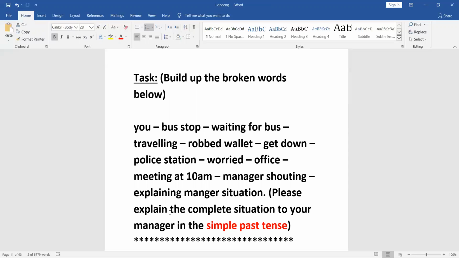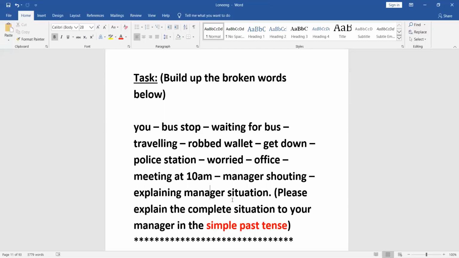Now, let me give you an example quickly. Manager, shouting, explaining, situation. Okay, so what I'm going to do here is tell you: this morning, my manager was shouting at me and it took such a long time for me to explain in detail what had happened.